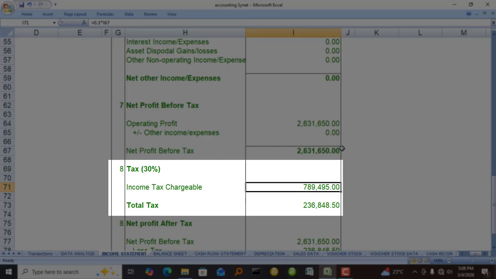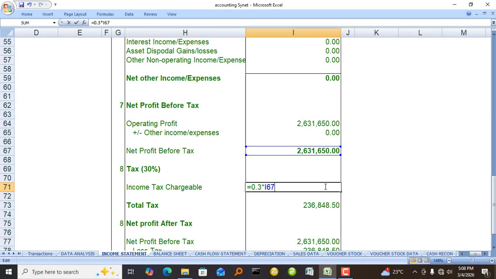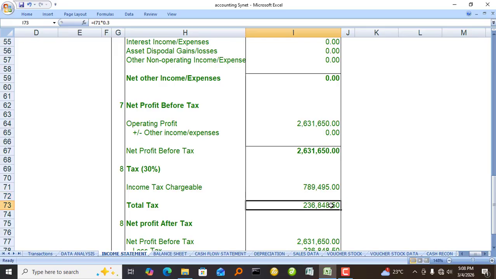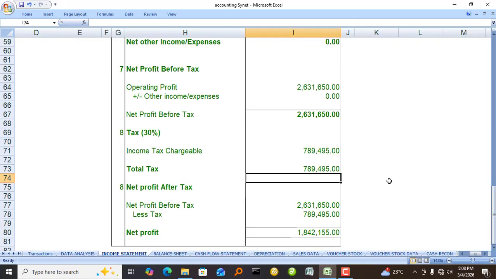So when you apply tax at 30%, let's see, tax chargeable is how much? The tax chargeable is 30% of this, which means the tax chargeable is this. It's at 30%.